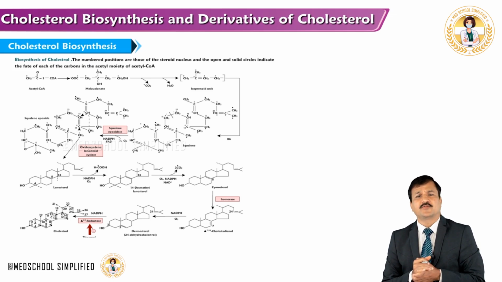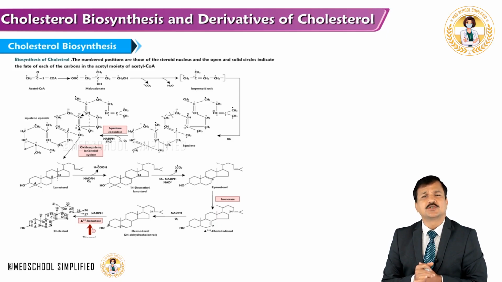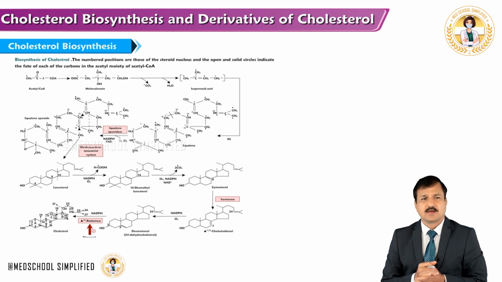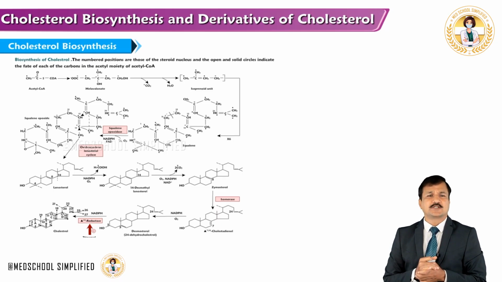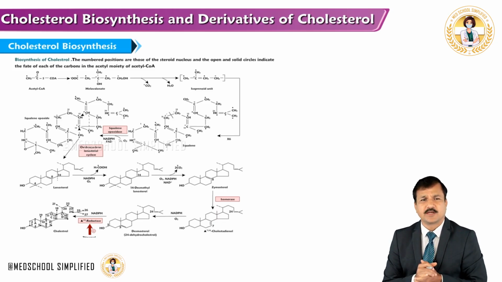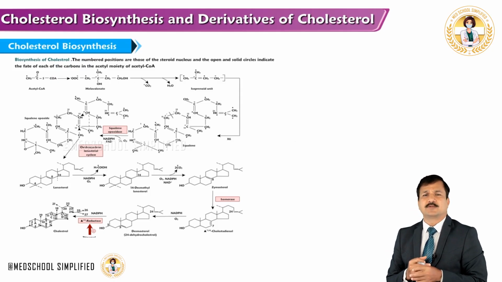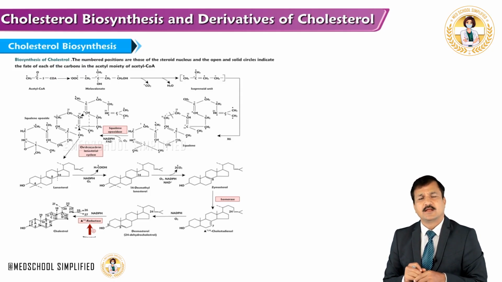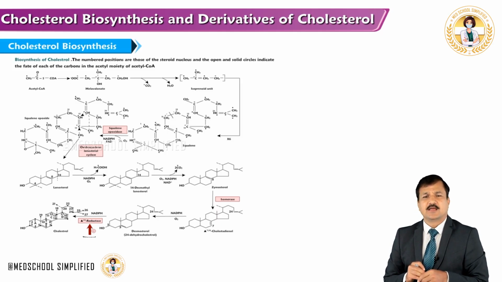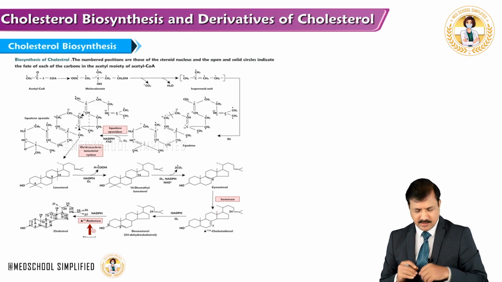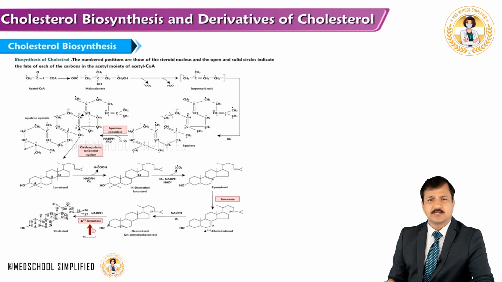This is the beauty of biochemistry, where the majority of complex molecules are made from simple things. Acetyl-CoA is just a 2-carbon molecule, and that 2-carbon acetyl-CoA is going towards making one of the most complex molecules in our cell, cholesterol, which is a rigid molecule containing 27 carbons. So that entire thing is shown in the figure given in this particular slide.